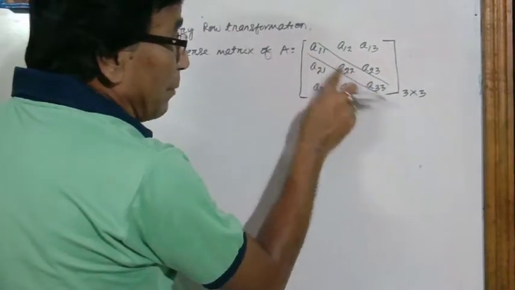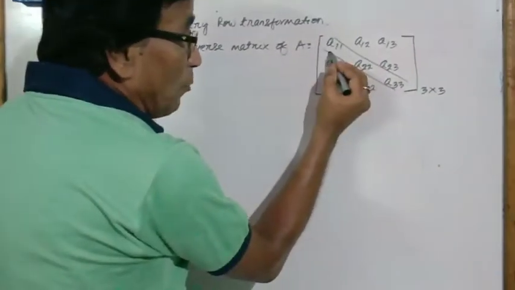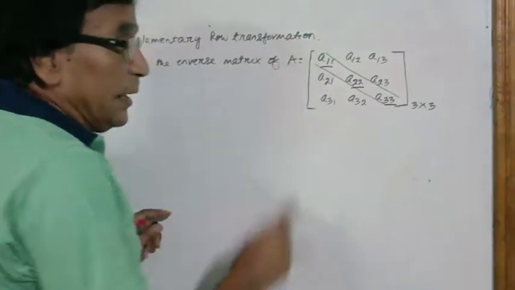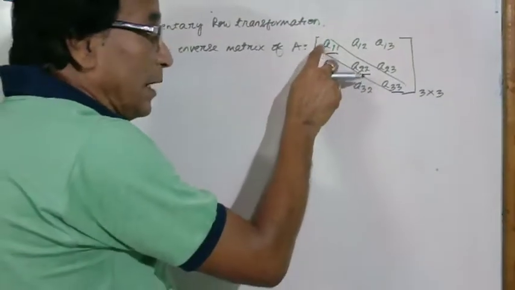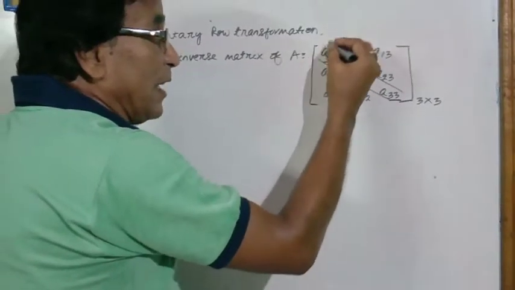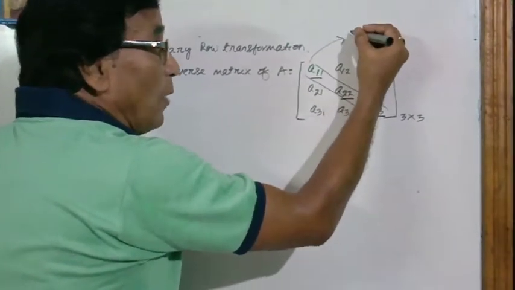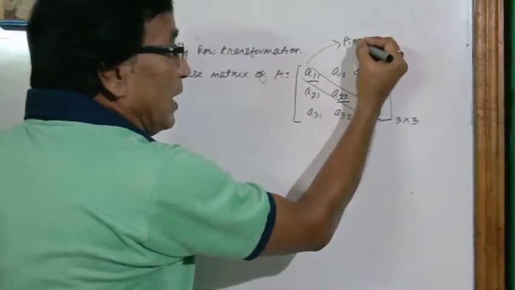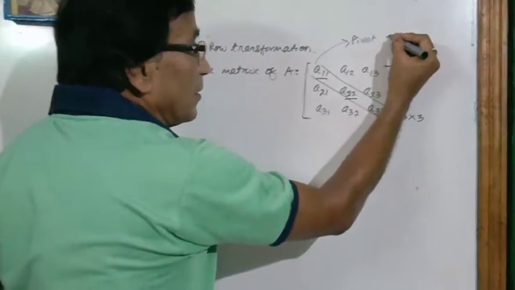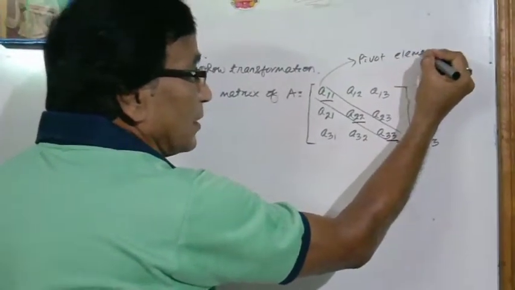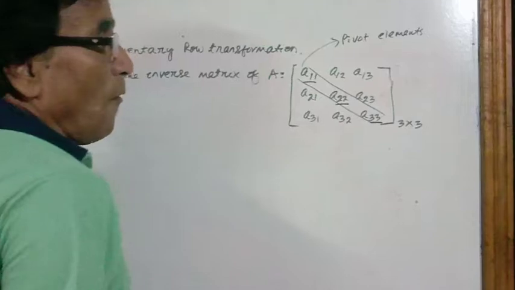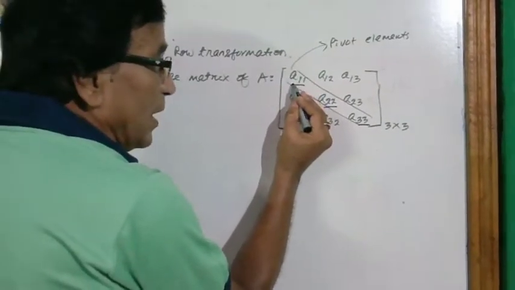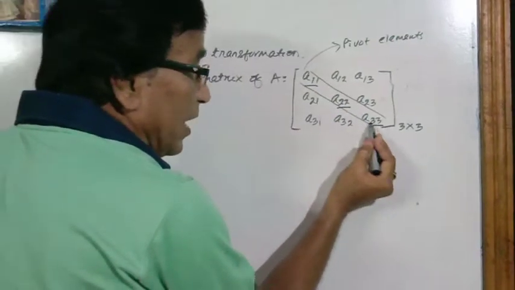The elements of the main diagonal, that is A11, A22, A33, are called pivot elements. So first you see that the pivot elements are A11, A22, A33.